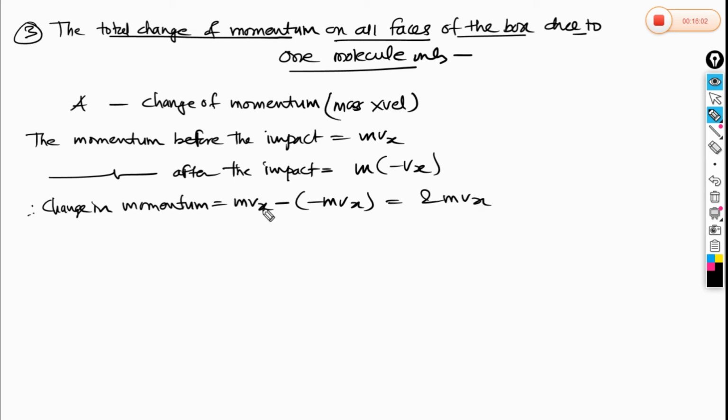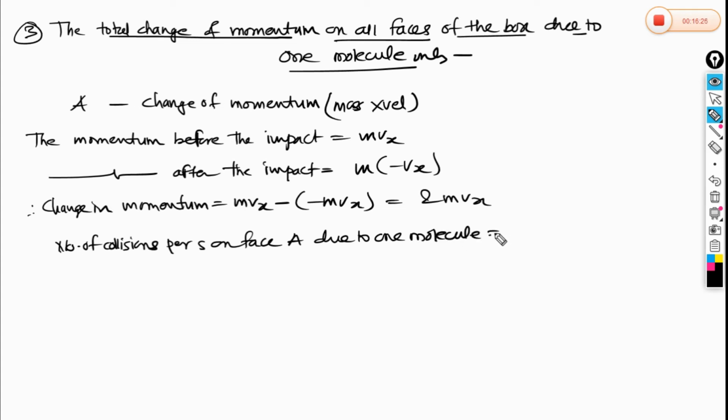But the number of collisions per second on face A due to one molecule, as seen earlier, is equal to Vx divided by 2L.